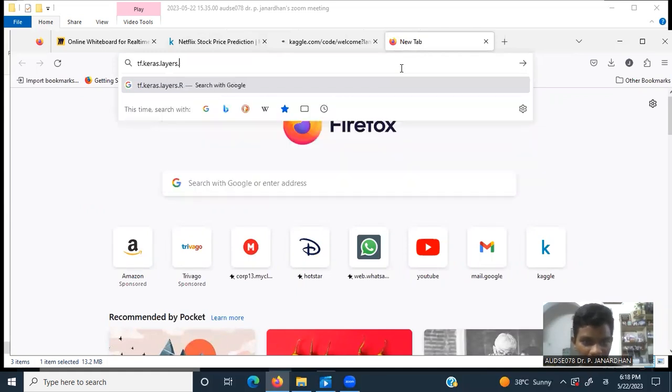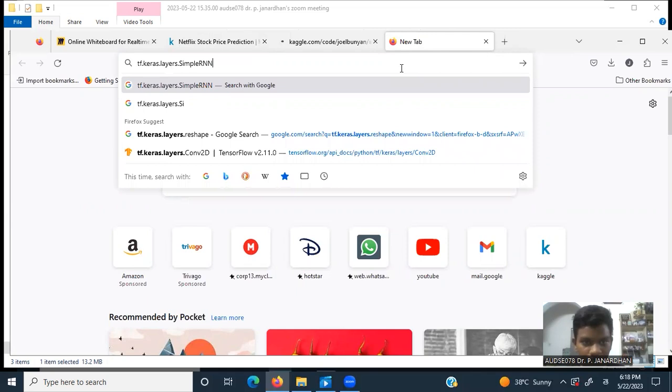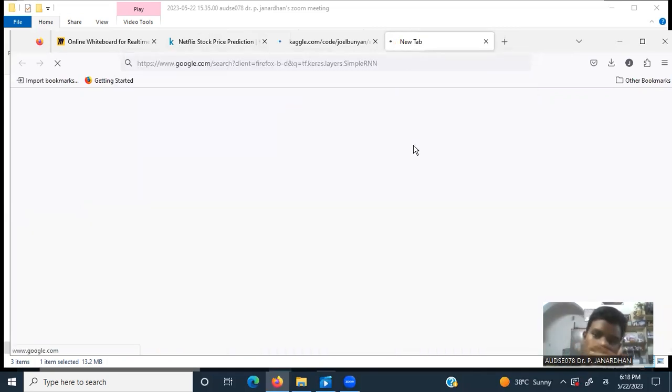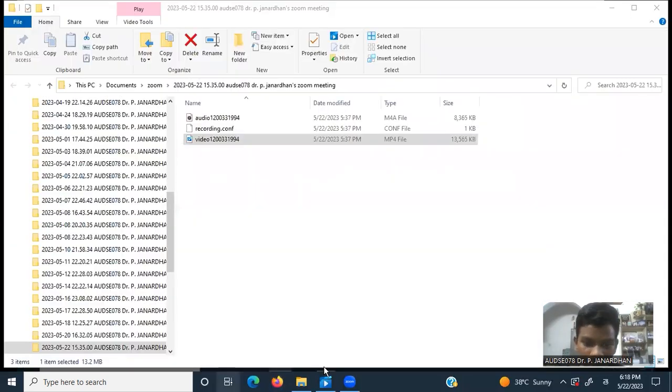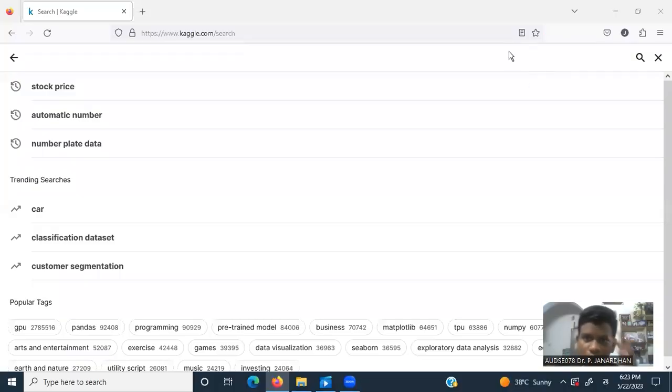I think it's called SimpleRNN. Right, so we have this SimpleRNN.